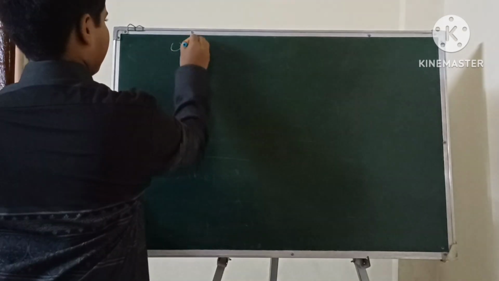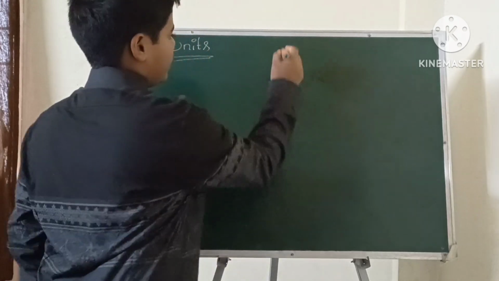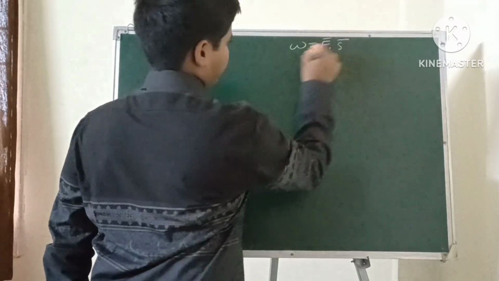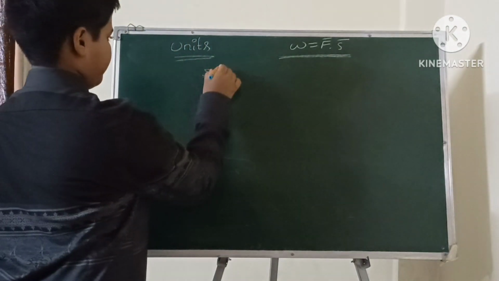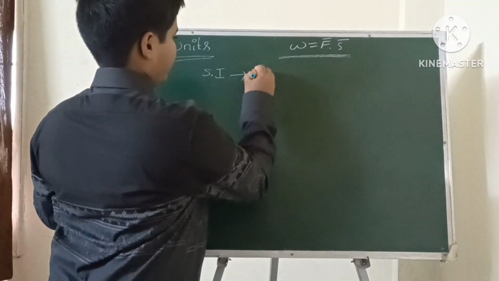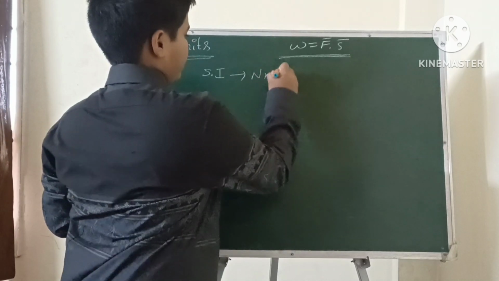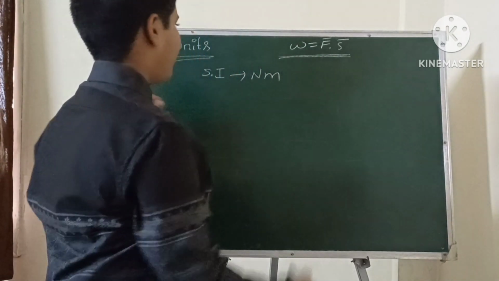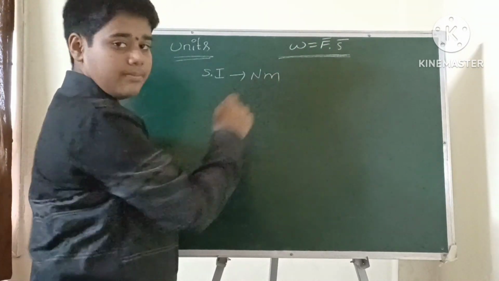Units. Here work formula is work is equal to force dot displacement. Okay? So in SI, the unit of force is Newton and the SI unit of displacement is meter.